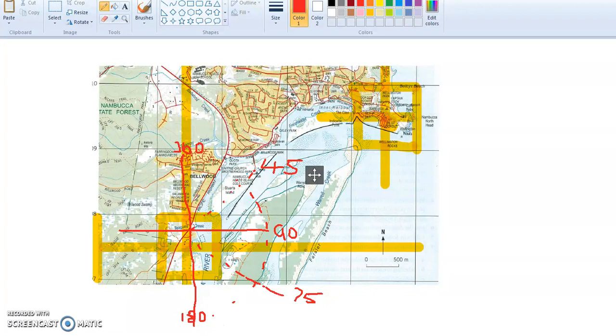Halfway between 180 and 360 is going to be 270. Halfway between 270 and 180 is going to be 225. Halfway between 360 and 270 is going to be 315.